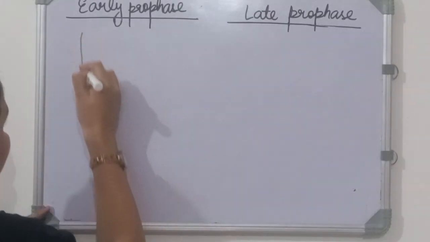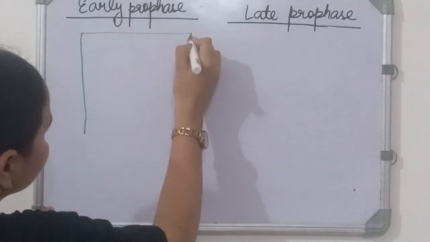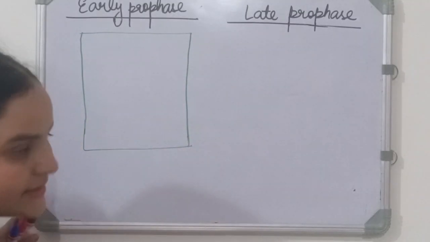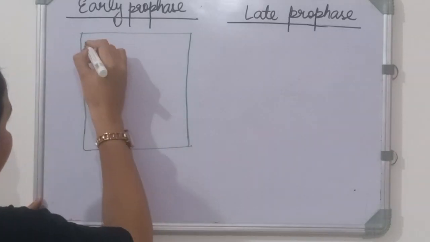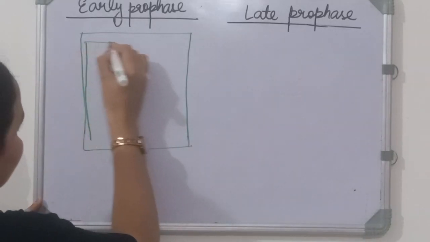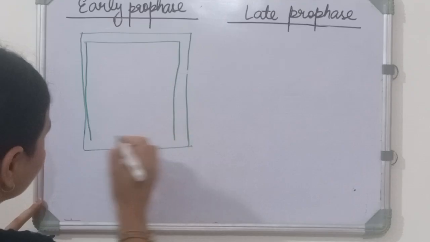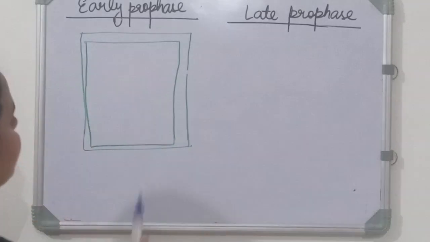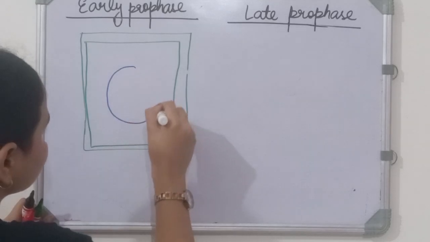So in plants we have cell wall as the outer boundary. Inside cell wall we have cell membrane. Okay, now here we have a nucleus.